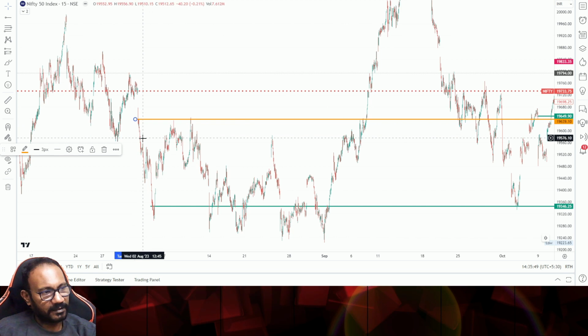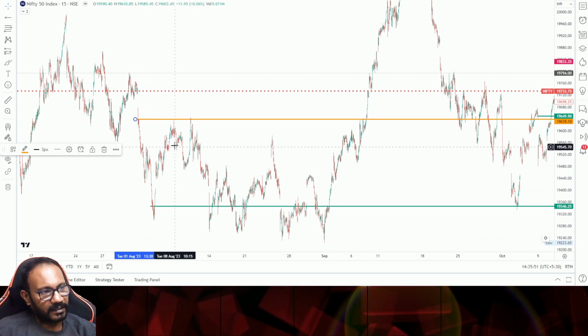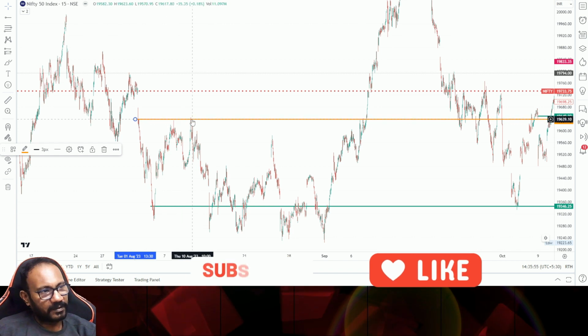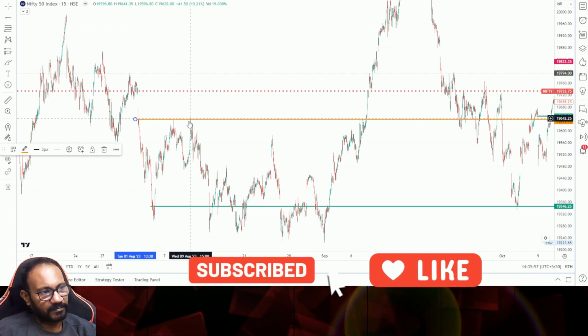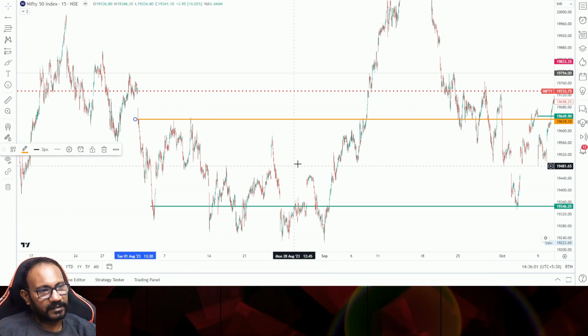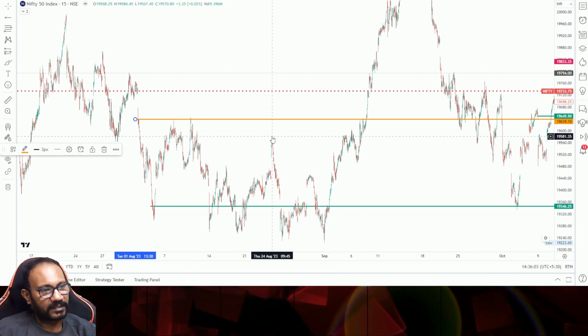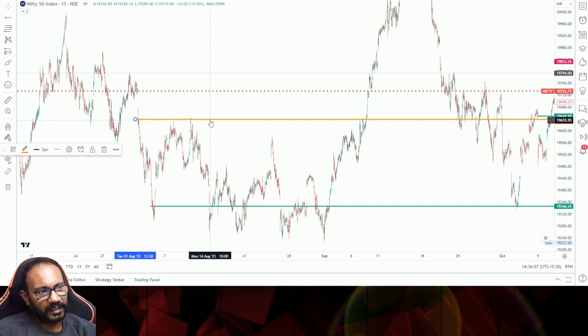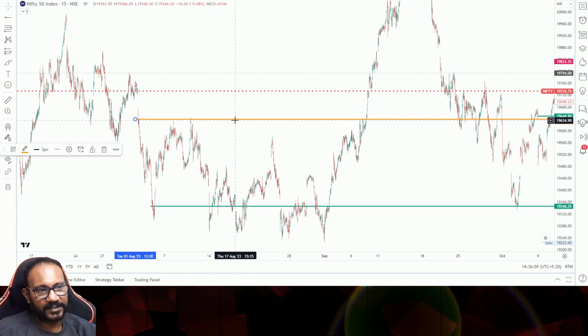For example, when it came down, this acted as resistance as the market went up. Again, it got rejected, as you see, as it reached here, it got reversed. So this is one area where the market is finding its rejection.